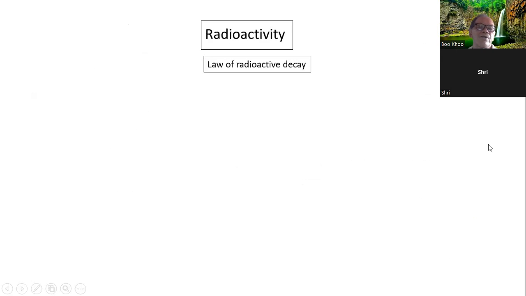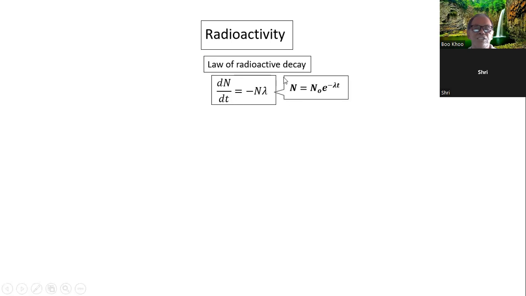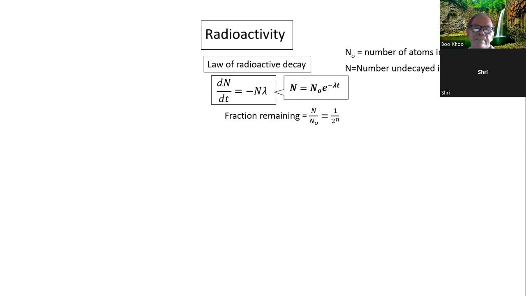Then radioactivity, the law of radioactive decay. That's the law, and from this law you must know how to derive this equation. N naught is the number of atoms initially. N is the number of undecayed atoms at time t. Take N naught down, then this is the fraction remaining, and you can also use 1/2 to the power n.